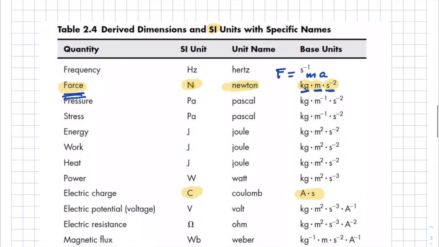Kilogram is mass, so I'll write that down, capital M. Meter is a length, and second squared is time.